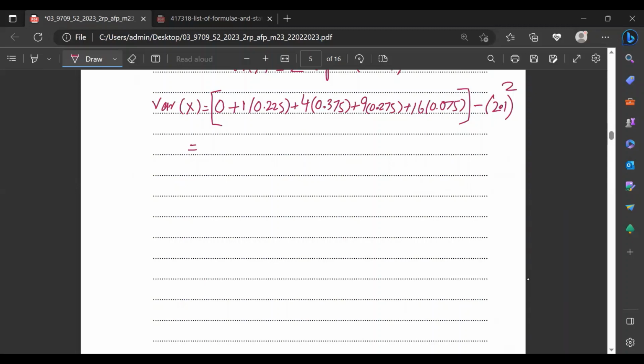So 5.4 for this bracket, minus 2.1 squared, which is 4.41. So 5.4 minus 4.41 is 0.99, which is the variance of X, the answer to this part.